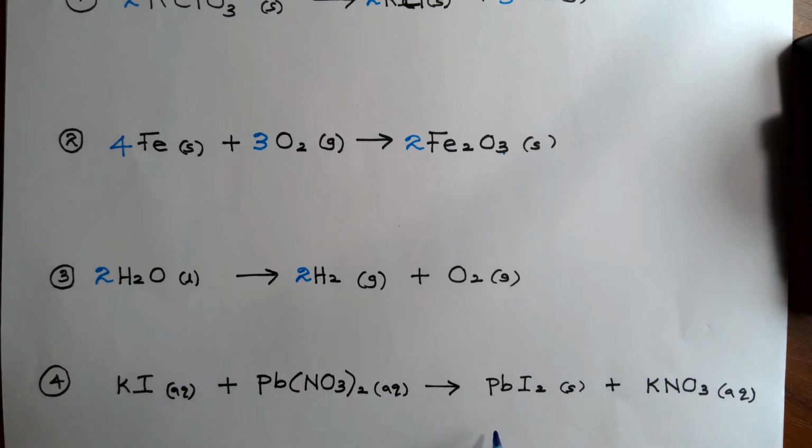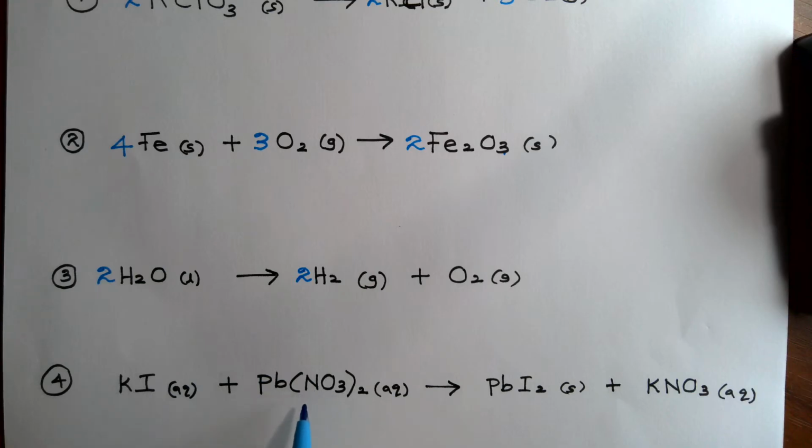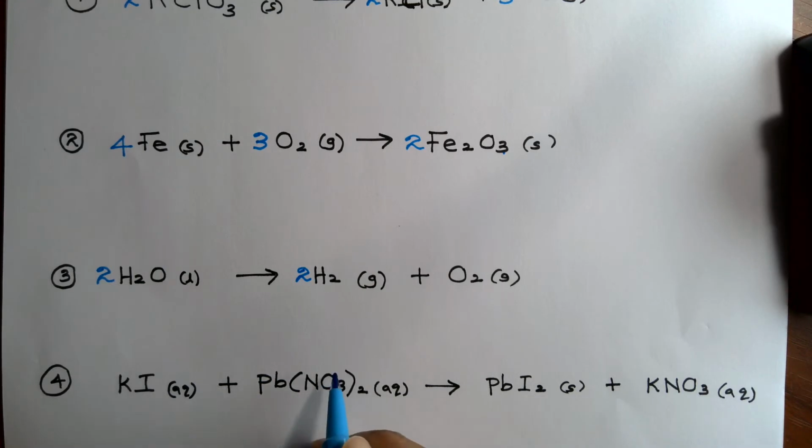Earlier we discussed polyatomic anions. Polyatomic anion meaning is poly means many atoms containing anions like sulfate, nitrate, nitrite. Those are many atoms containing anions. So here nitrate, polyatomic anion is present. So if you have any polyatomic anions like nitrate, sulfate, chlorate, acetate, you have to consider that polyanion as one unit.